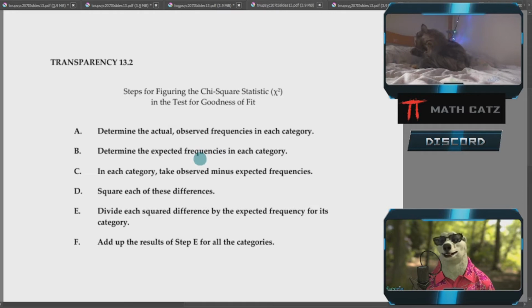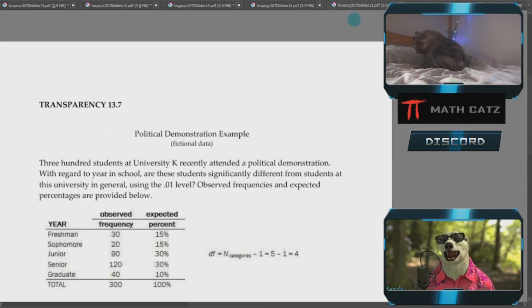Compare that to our expected frequencies from a prior study or some external knowledge. Then we look at the difference between the two for each of those categories, square them, which is quite common, and then divide by the expected frequency every time, and then add them up. So let's see an example that is different but the same kind of situation.